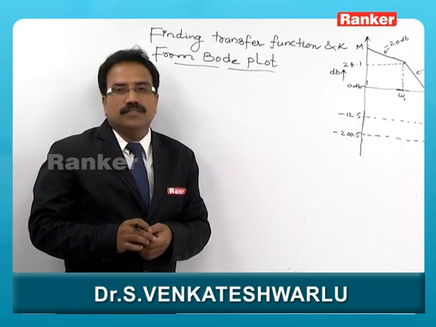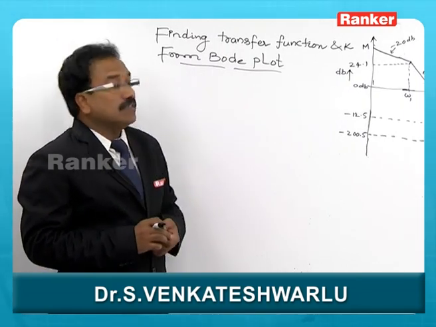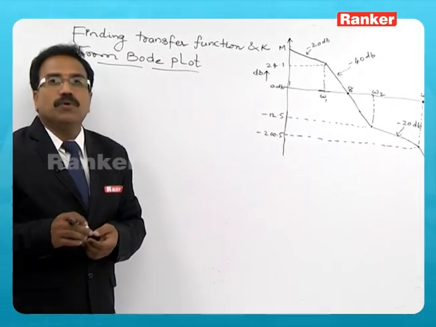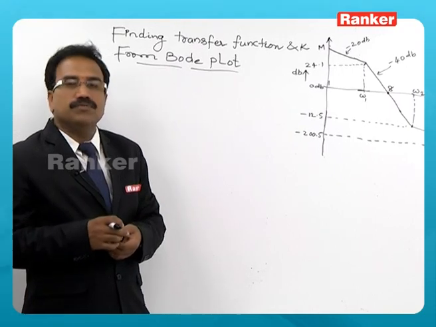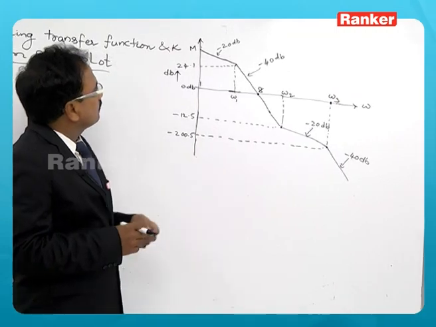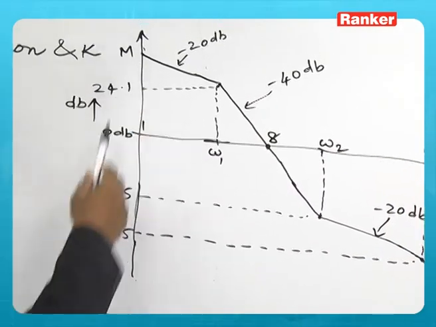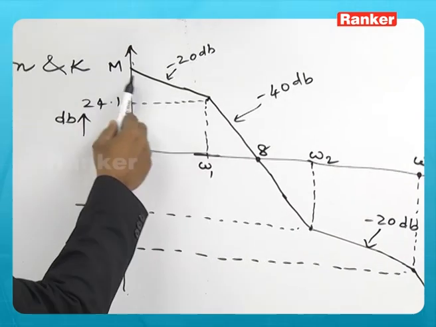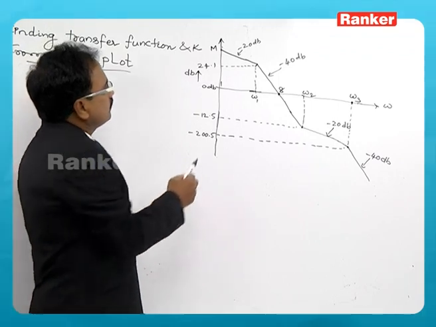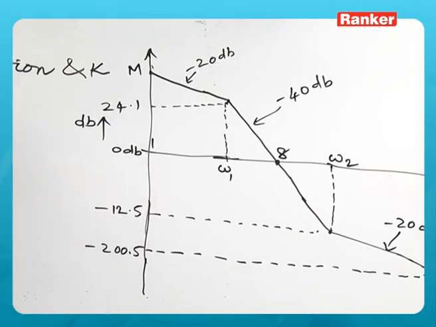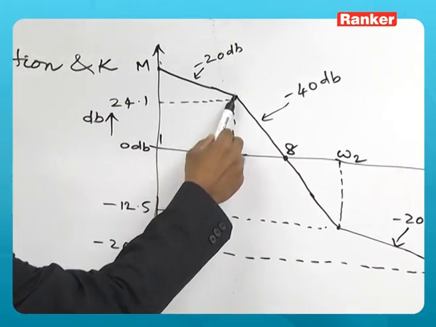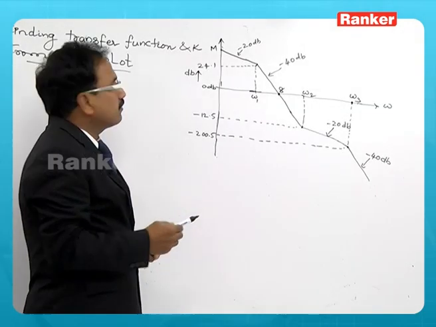How to find the transfer function and the value of k from the given Bode plot? The magnitude plot is given to us, and how do we find the transfer function back? When you look at the plot here, it maintains a slope of minus 20 dB from the magnitude M at frequency 1, and then it maintains the slope of minus 20 dB till omega 1 frequency.